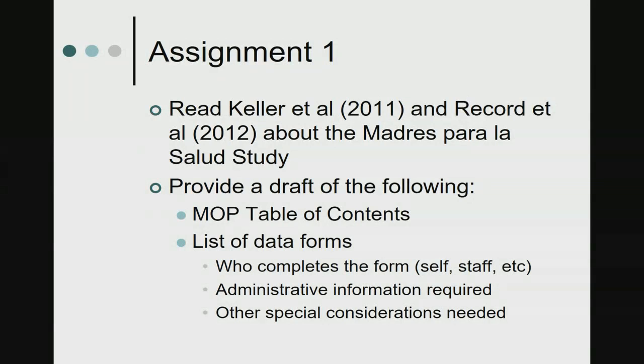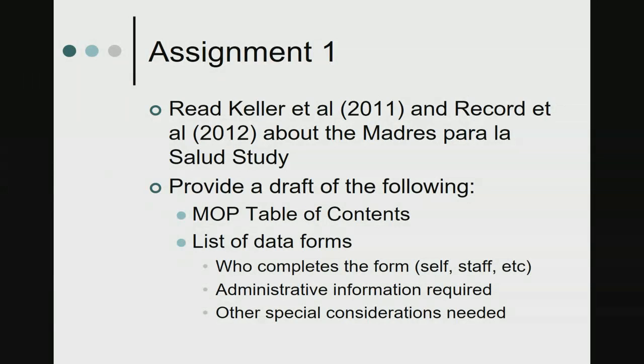Last class, we talked about different kinds of data forms. Make a note of what each data form is, who's going to complete it, self or staff, and what administrative information would be needed. Remember, administrative information is something like the participant ID, the date when it was done, maybe the week of something.